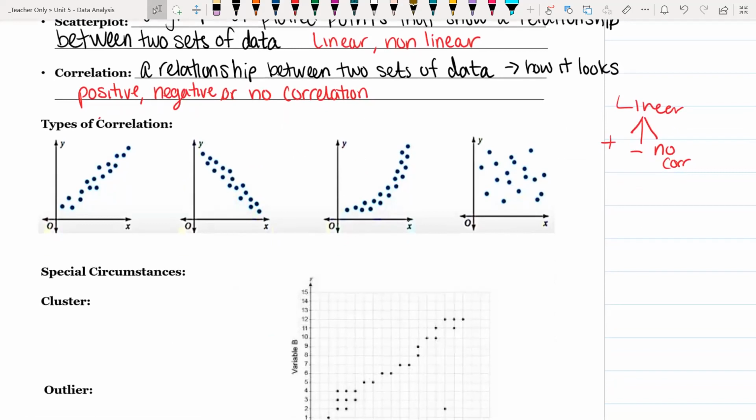So we have 4 different graphs here, right? So you want to look at the way the dots are moving. These dots, as x goes up, so does y, right? Because as soon as we go over, this number is increasing, they're also moving up, right? Okay, before we say that it's positive, we have to talk about linear versus nonlinear, right?